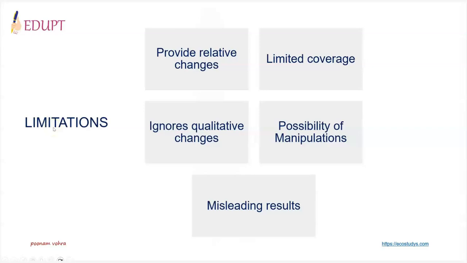Index numbers, if useful, have limitations too. Let us discuss some of the limitations. Index numbers estimate relative changes only and cannot speak the truth as they are only approximate indicators. Besides, they represent the generalized truth based on the overall average of the items.